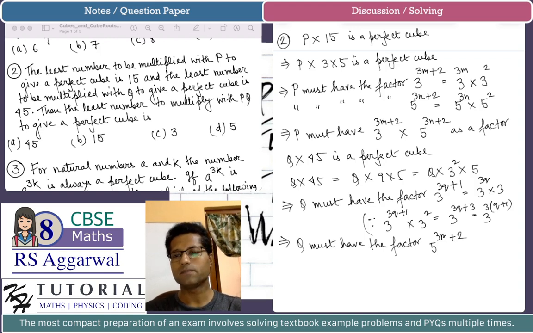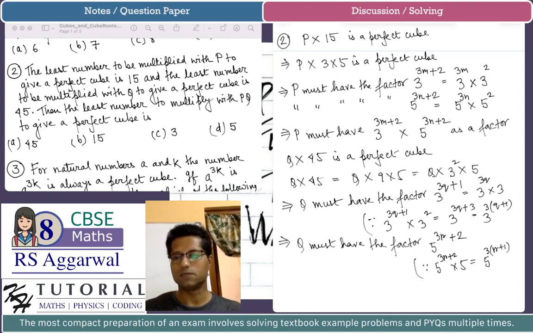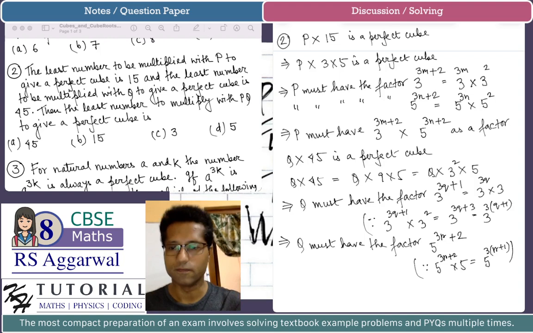So which means that q must be having the factors of 5 whose power is of the form 3r plus 2, because if you multiply 5 to the power 3r plus 2 with 5 again, this becomes 5 to the power 3 into r plus 1. So 5 to the power 3 into r plus 1 can form perfect triplets of 5.